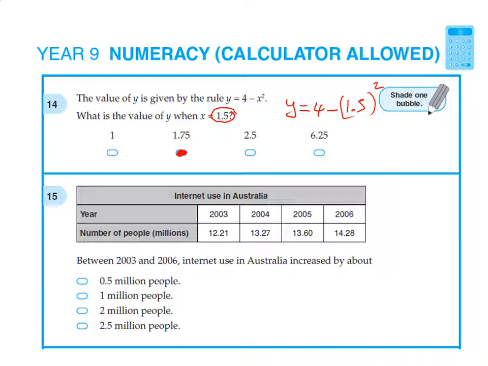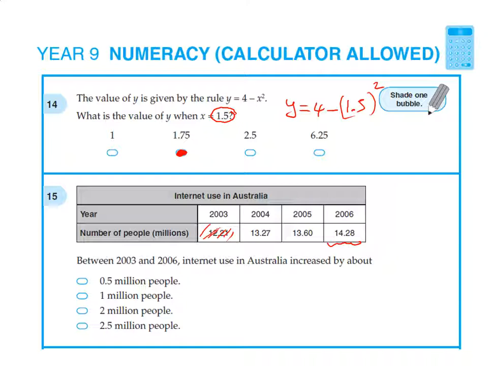Between 2003 and 2006, internet use in Australia increased by about how much? Let's have a look. 2003 is 12.21 million, and 2006 is 14.28 million.